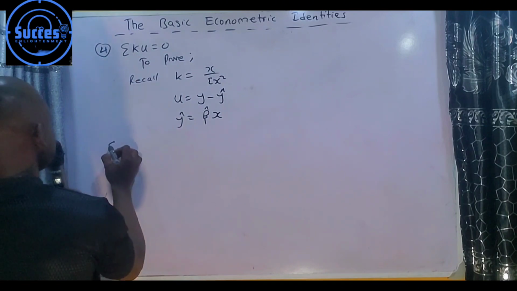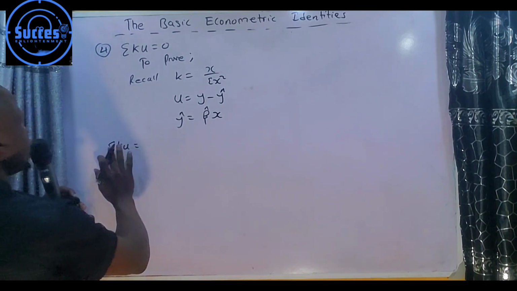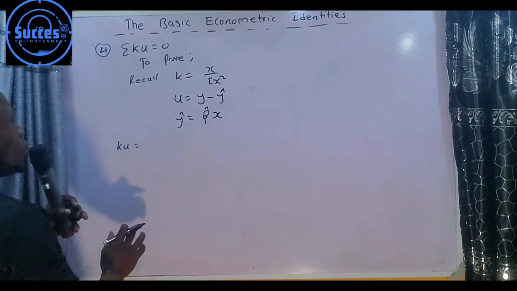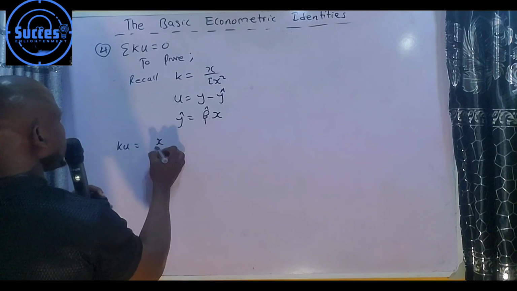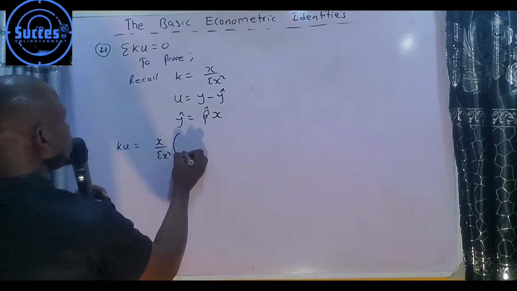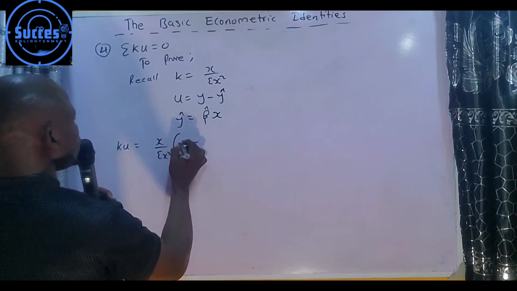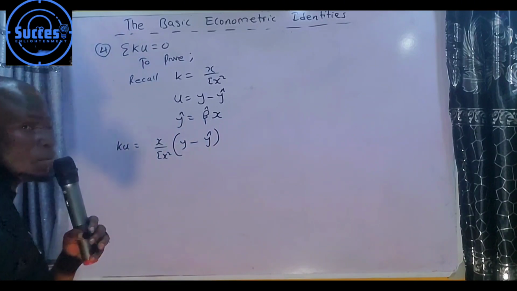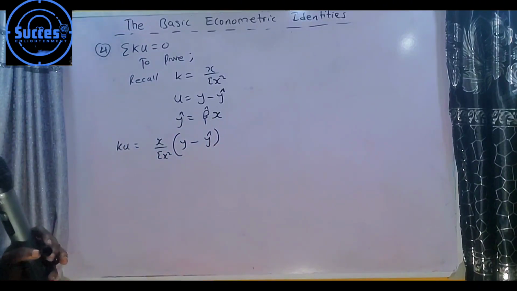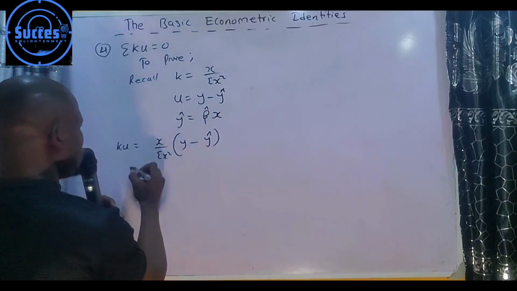Alright, so summation ku will then be what? Let's first find our ku. Let's take the summation out. So ku will then be x all over summation x squared into y minus y cap. Okay? Y minus y cap. So from here, this will be what?